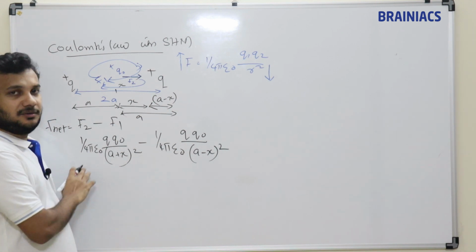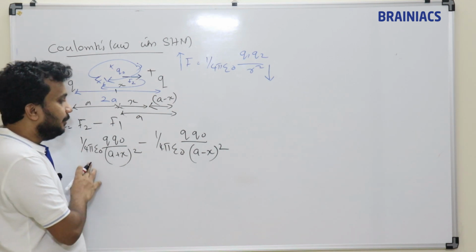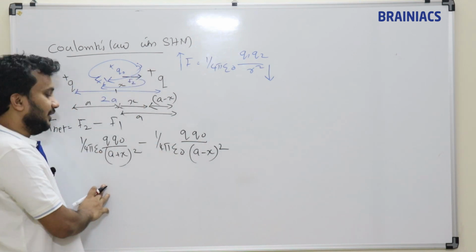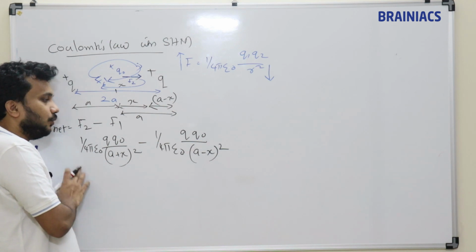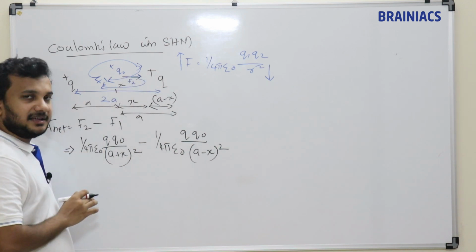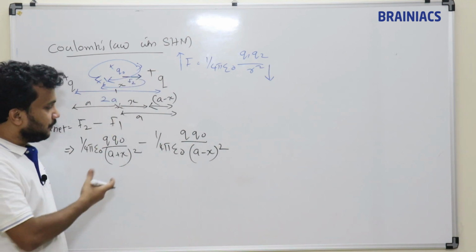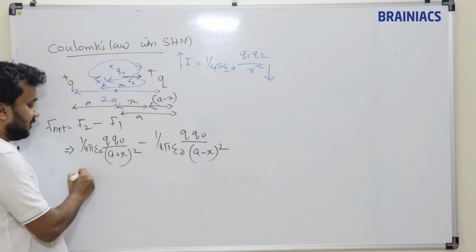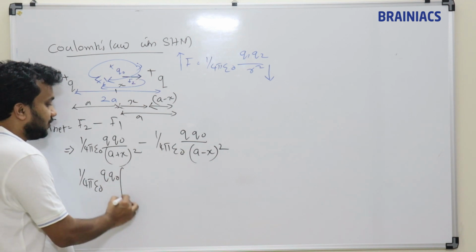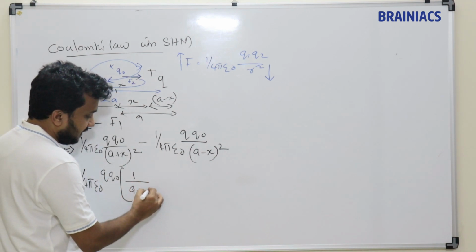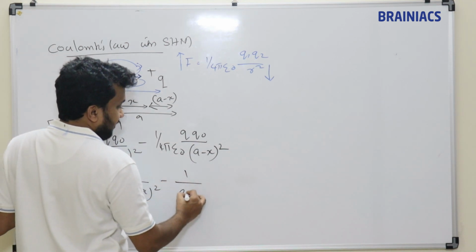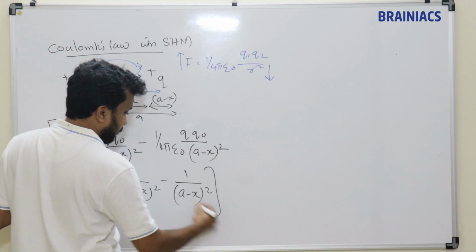So the total force on the body at the equilibrium position is this much. Now we have to see what the total force on this body is when it is at X meter. This is actually the total force. We can simplify this mathematical expression. 1 by 4 pi epsilon 0, Q and Q0 taken outside, 1 divided by A plus X the whole squared minus 1 divided by A minus X the whole square.